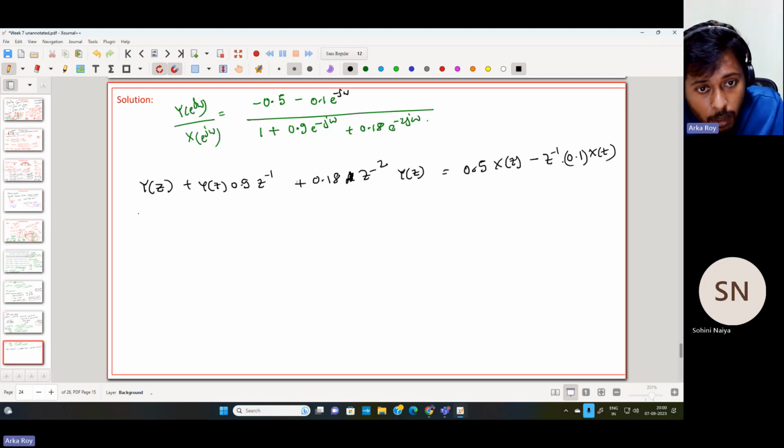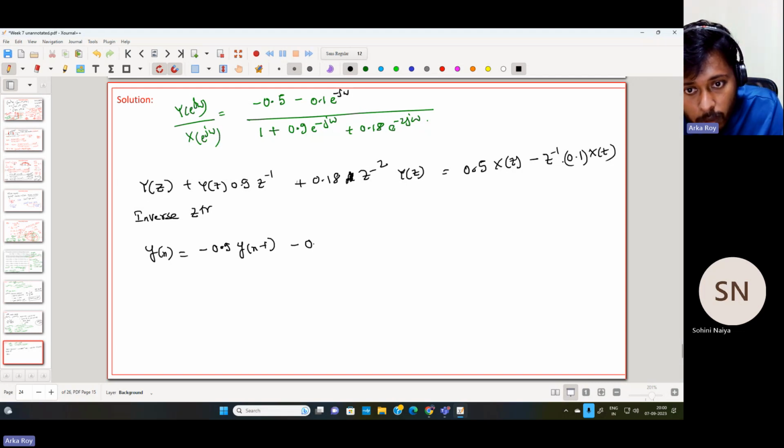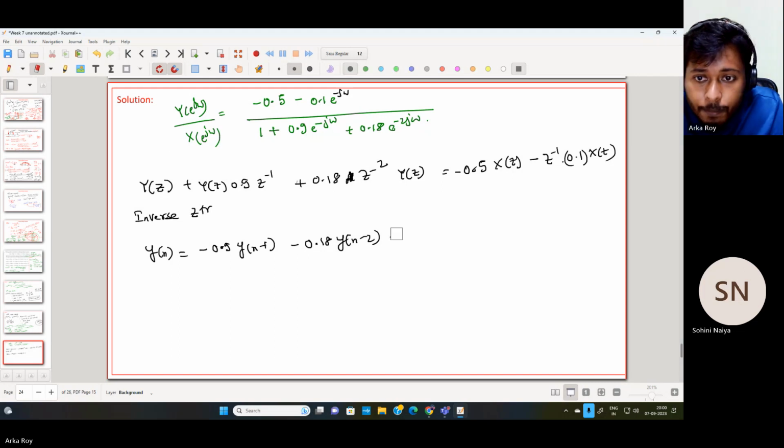So if I just take the inverse z transform, I will get y[n] equals minus 0.9 y[n minus 1] minus 0.18 y[n minus 2]. And then, okay, sorry, there was a minus over here. So minus 0.5 x[n], then minus 0.1 x[n minus 1].